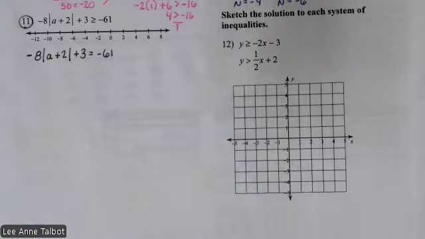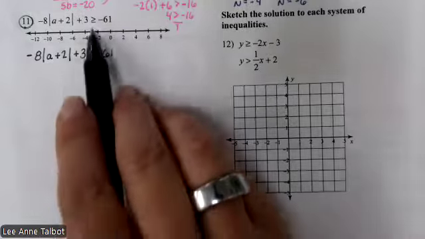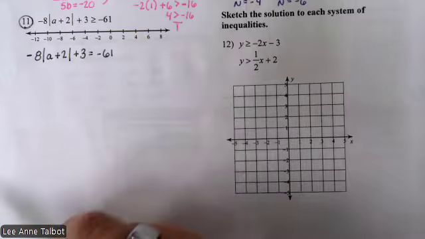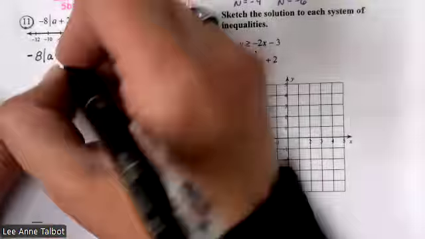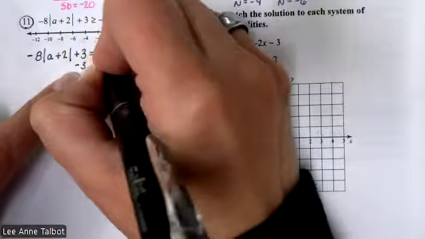Okay, last problem of the day and last problem of the week. Here we go. So I rewrote the problem with equals. And what I want to remind you is you need to get the absolute value alone before you split it into two pieces. You can't split it into two pieces right now. So a -3 first.